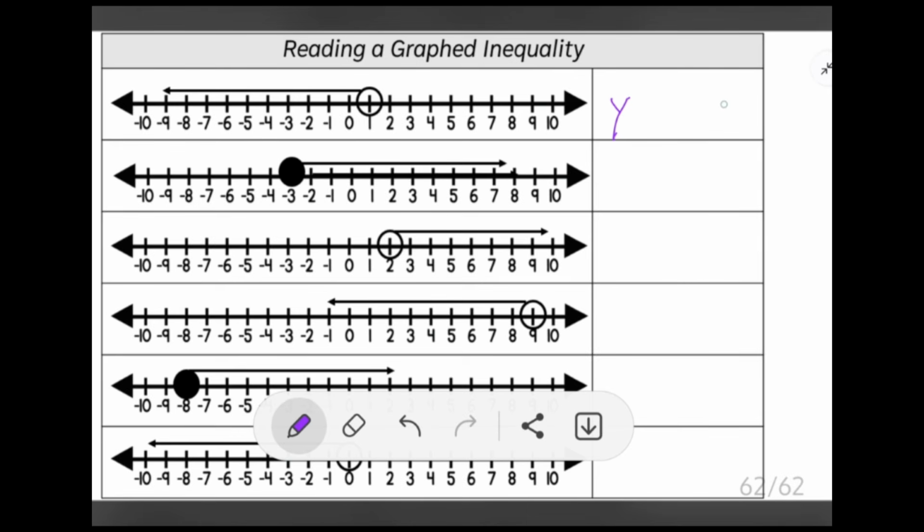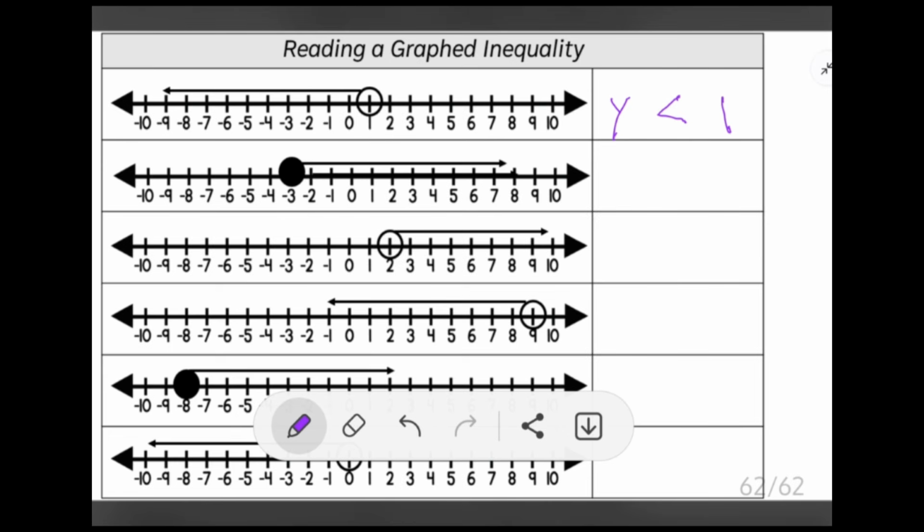Our number is 1. That's the number that's circled. Now let's look at the arrow to indicate where our solutions lie on the number line. They are to the left. So left is less. So the inequality that matches this graph is y is less than 1.